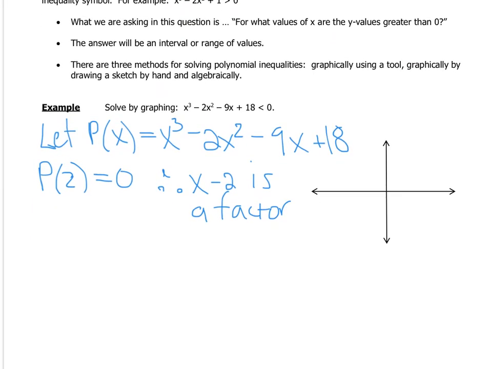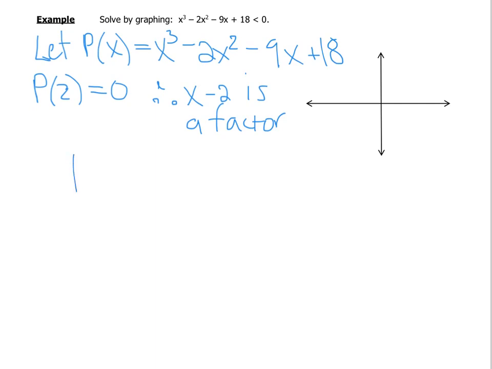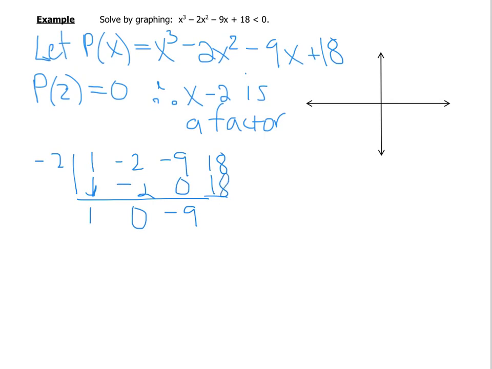And we'll set up our synthetic division. We have our 2 here, and 1, negative 2, negative 9, and 18. Bringing down the 1, then negative 2, we get 0, then 0, negative 9, and of course 18, and that gives us a remainder of 0.